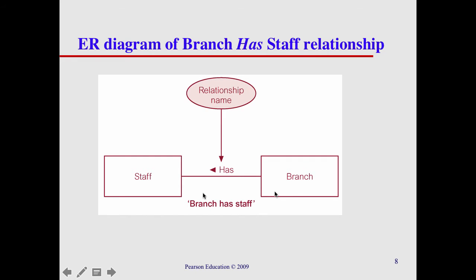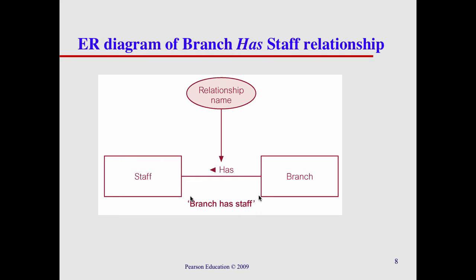So when we have what we call a one-to-many relationship, we typically draw the arrow from the one to the many. So in this case, a branch can employ many staff. So we draw it from the branch to the staff. Notice I could have drawn it the other way. I could say staff is employed by branch. So there's no right or wrong way to do it. These are general style guidelines.